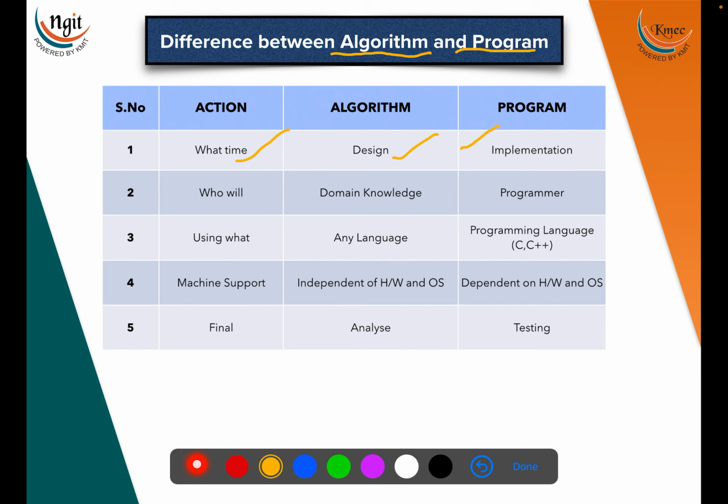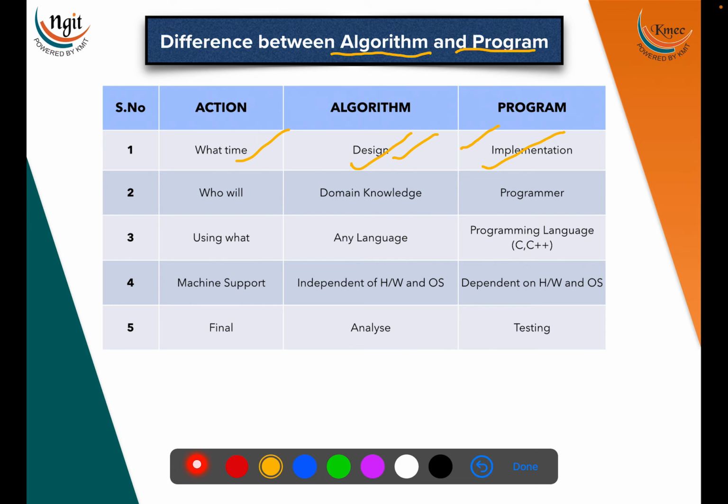There are many houses being constructed outside. If you want to make any modification to a house under construction, it gives you a major loss of time and labor. If you do the same thing on paper, on the master plan, then you don't have that kind of loss. In the same way, before implementing any program, we design an algorithm.